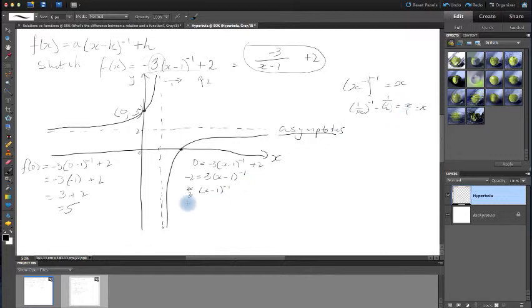So here, to get rid of the minus 1, I'm going to do to the power of minus 1 to both sides. So (2 over 3) to the power of minus 1 undoes it, giving us (x minus 1). Now this one, it sort of flips it, as I mentioned, so that's 3 over 2 equals x minus 1. Now I'll add 1 to both sides: 3 over 2 plus 1 equals x.